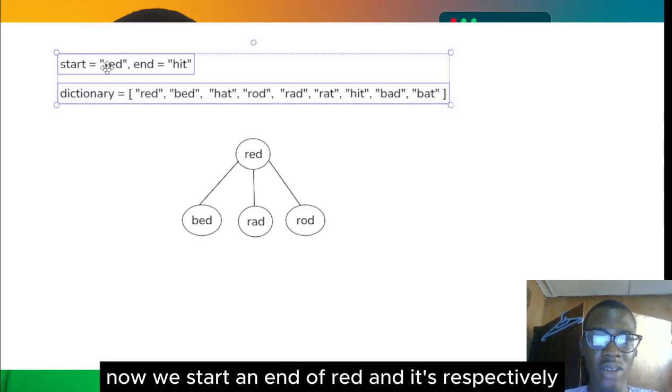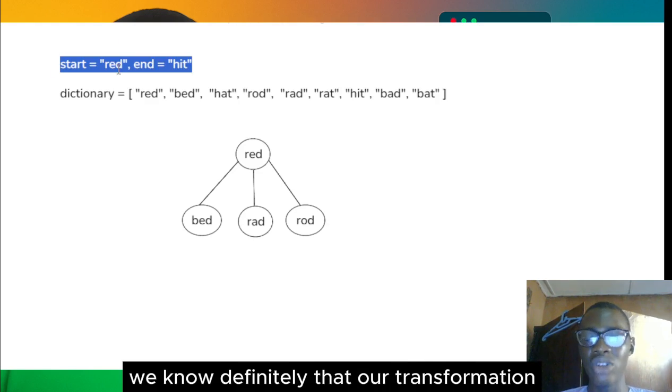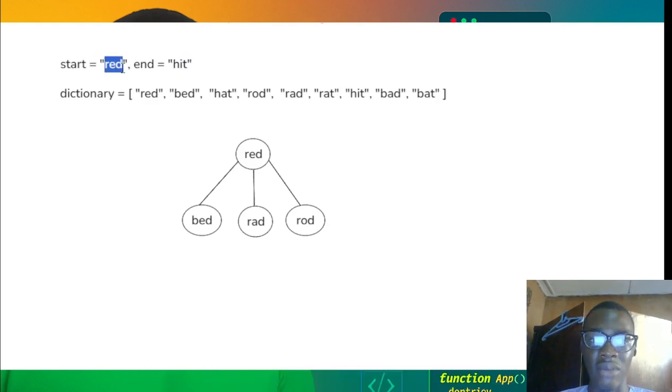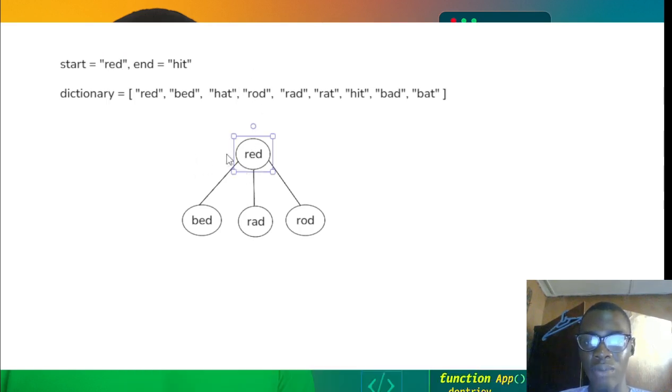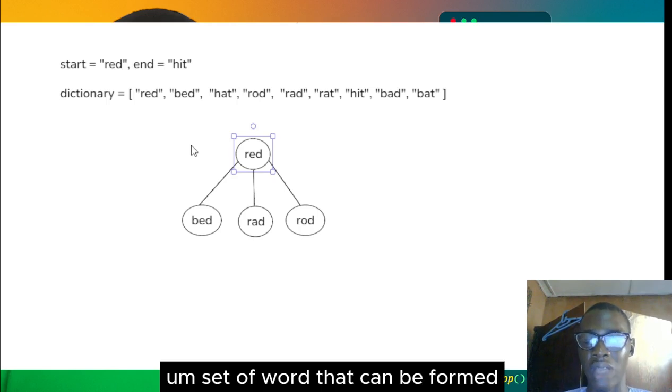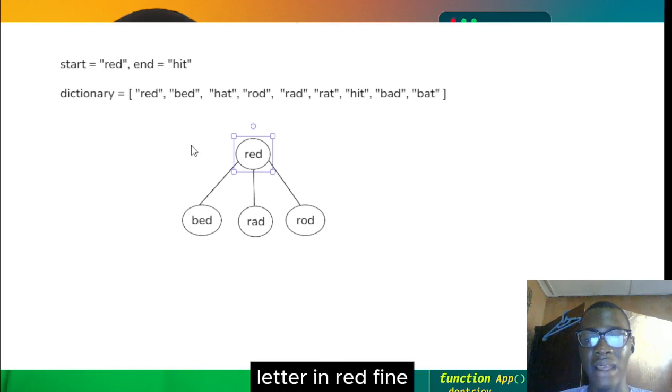So consider this example now. We have a start and end of red and hit respectively, and this particular dictionary. We know definitely that our transformation sequence is gonna start with this start word, red. But how do we find the other related words that can be formed by changing just a single letter in red?